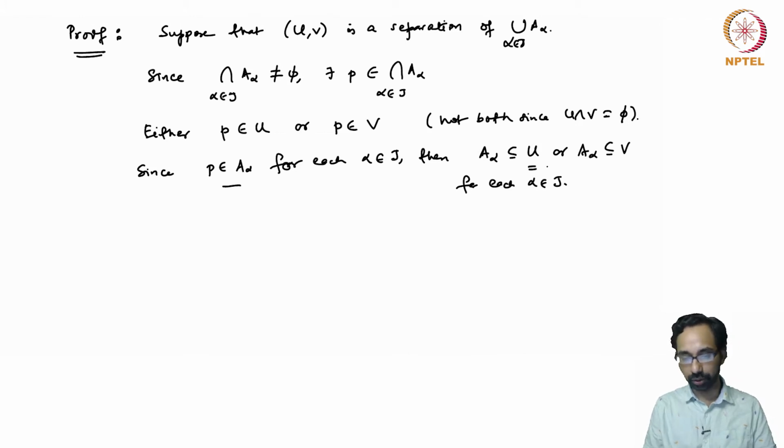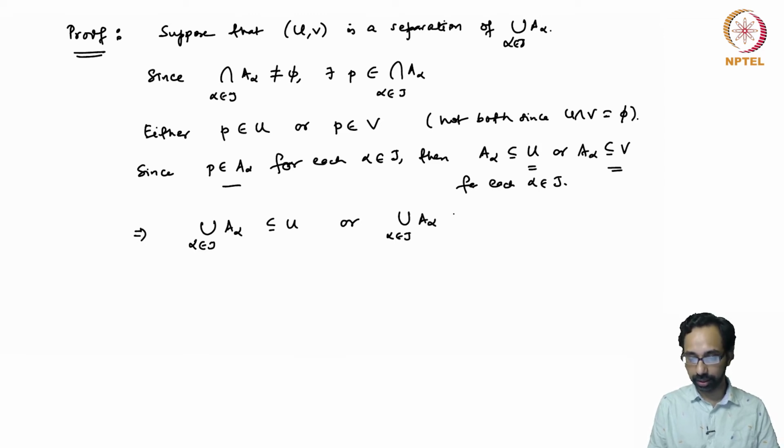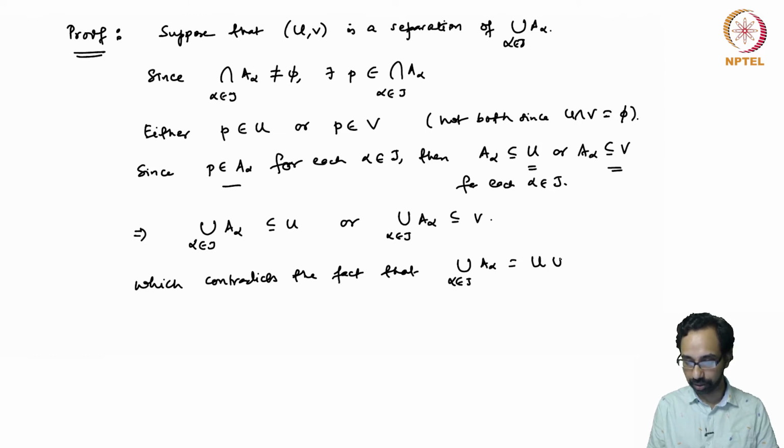So if you choose P to be in U, then all the A alphas are subsets of U. If you choose P to be in V, then all the A alphas are subsets of V. So then this implies that the union over alpha in J of the sets A alpha is a subset of U, or the union is a subset of V, which contradicts the fact that the union of the A alpha is precisely the union of U and V, and U, V are non-empty and disjoint.